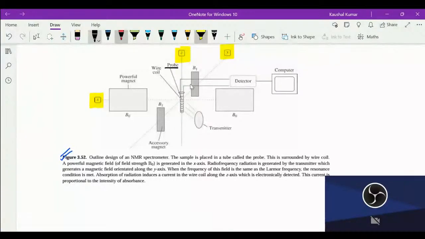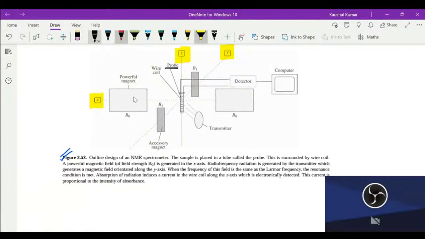Suppose you took any molecule, like dihydroxyphenoxy acid, or any enzyme, carboxylic acid. Enzyme you take and you put it into this coil.